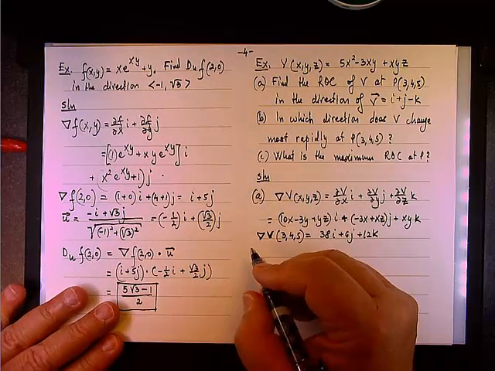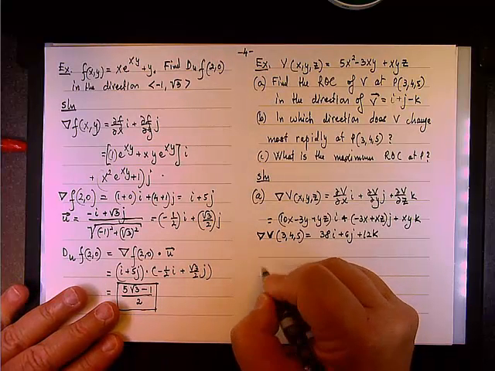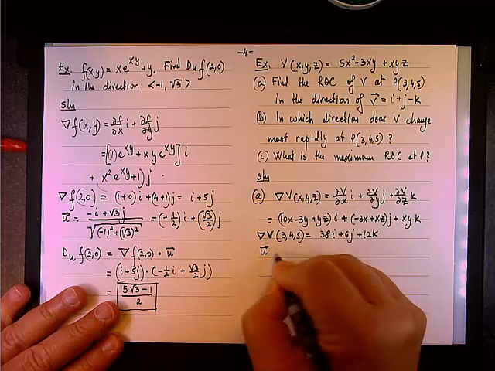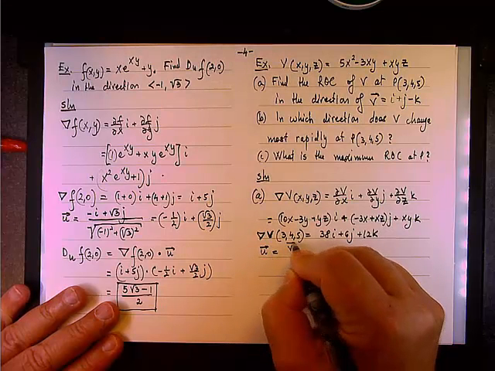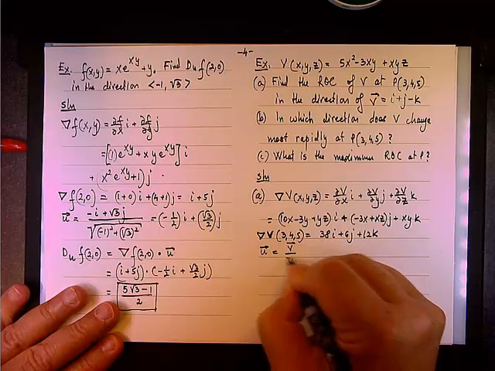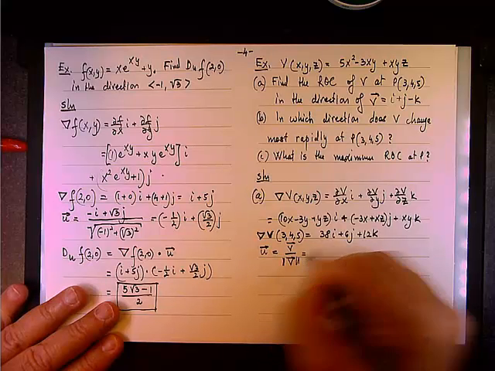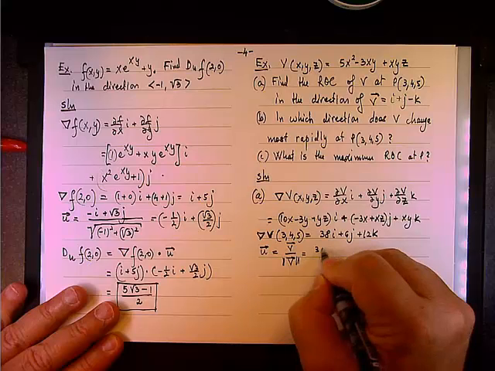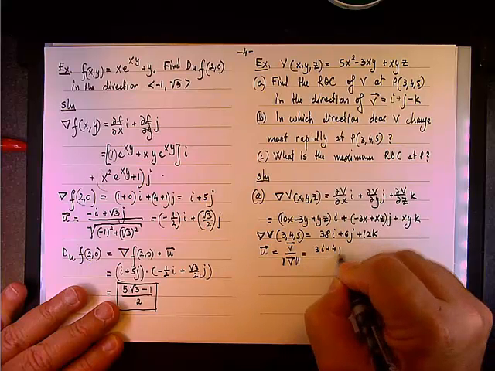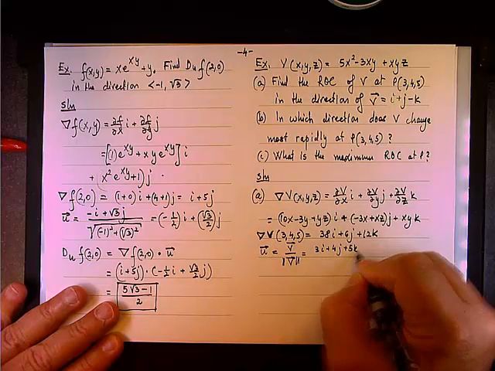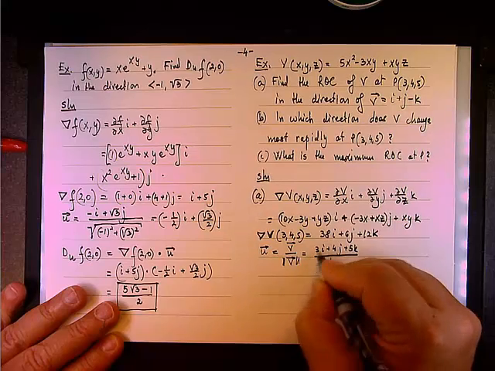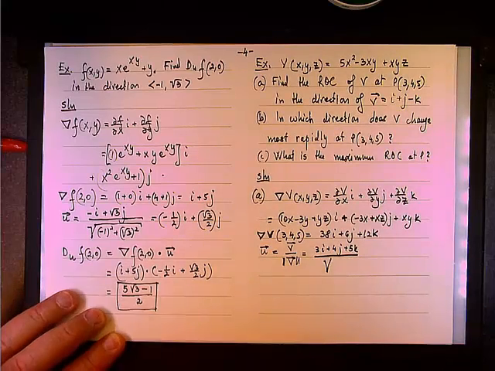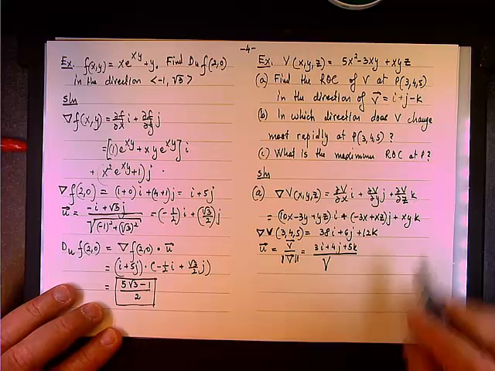Now we need the unit vector. It will be v divided by its magnitude. So we have 3i plus 4j plus 5k.